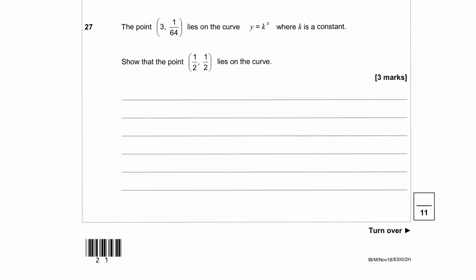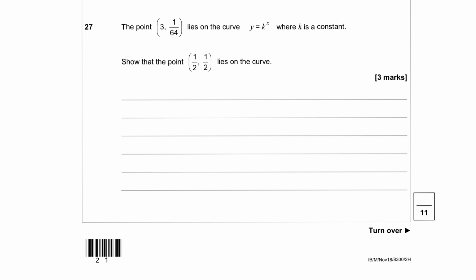So then having a look at question 27. Question 27 says the point 1 over 64 lies on the curve y equals k to the power of x. It asks to show that the point half lies on the curve. In order to support this statement, we need to work out what k is.